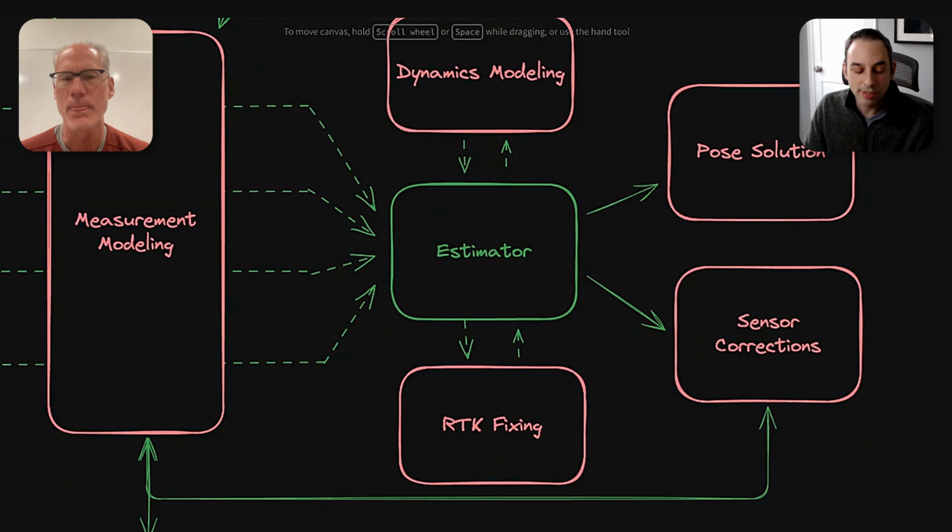Yeah, it's a bit of a deep topic, and we could go into it for hours, but the short version is the satellites are sending measurements, or at least you're making measurements of the data they're sending. And one of those measurements is called carrier phase. Carrier phase is a really precise measurement.